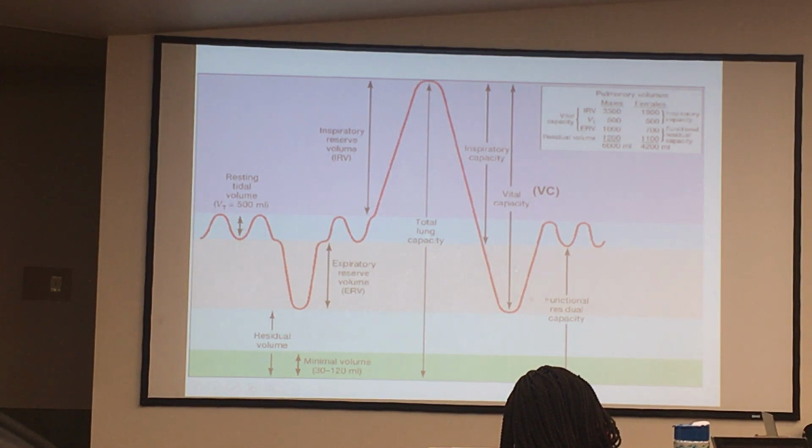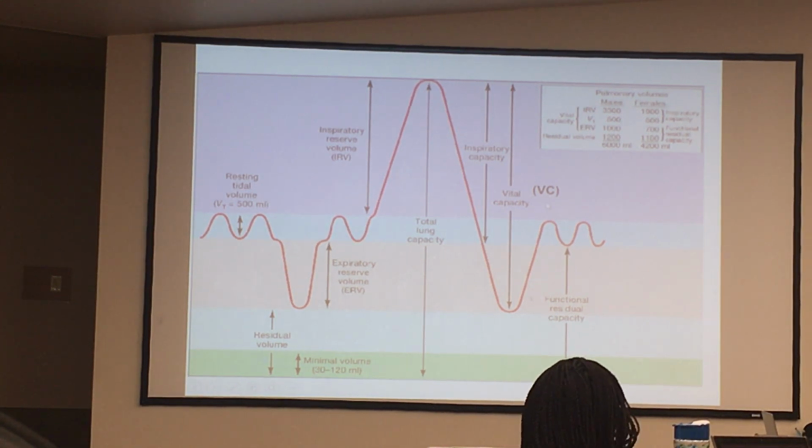This volume actually includes three parts: IRV plus VT plus ERV, and we call it vital capacity. Because we use this volume, we can check how good your lung function is.